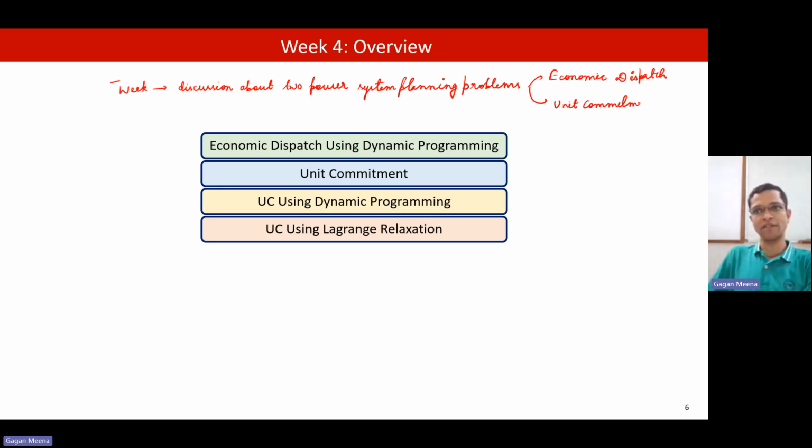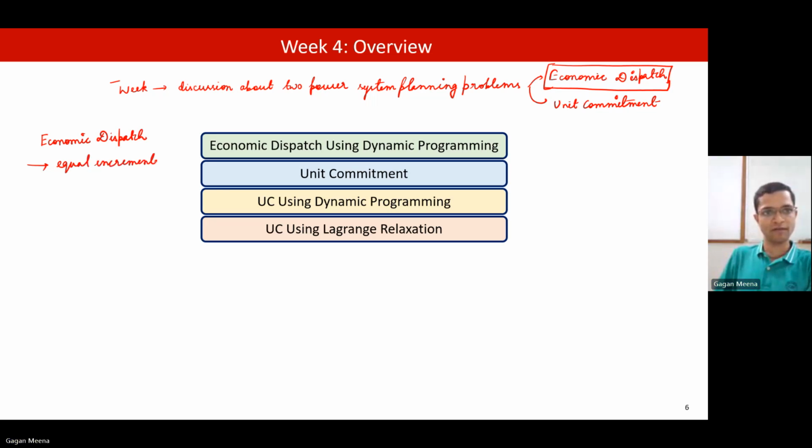The only thing we are changing here is the method. Although we have discussed economic dispatch previously, with and without losses, for a particular demand to be met using different methods, today we are going to change the method. In economic dispatch we have already gone through different methods like equal incremental cost, what we call the lambda iteration method.